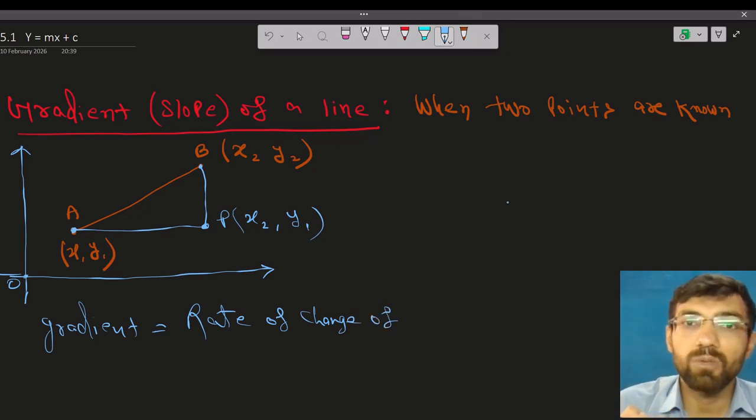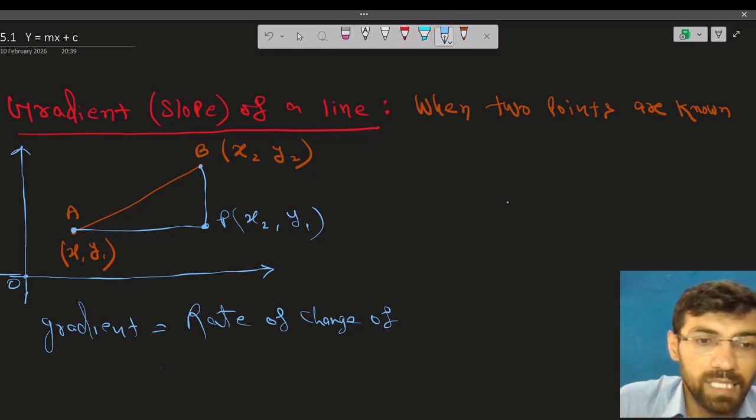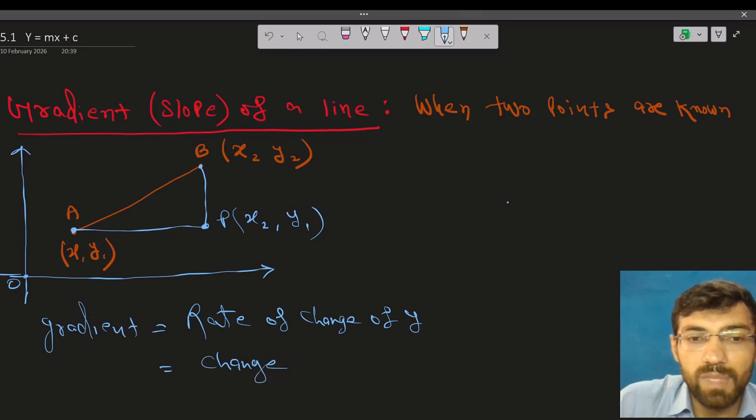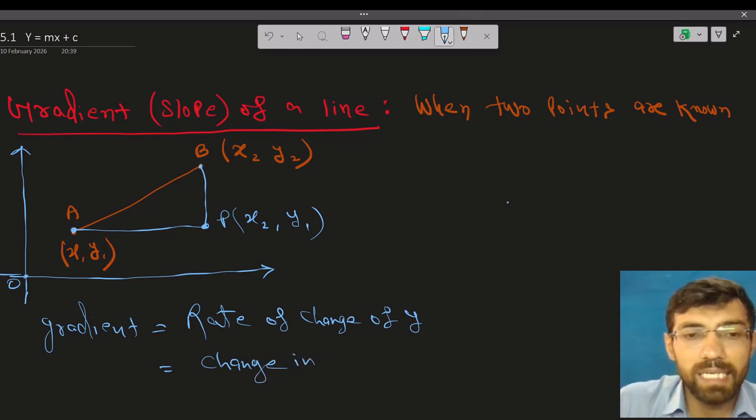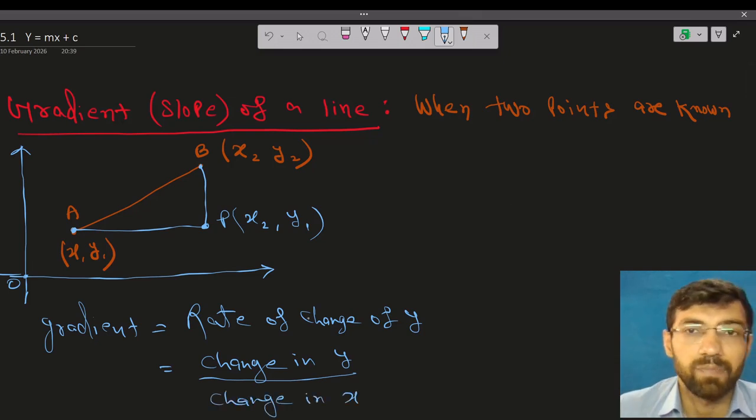At what rate is your y increasing if I increase my x? So this is change in y. You can calculate the rate as change in y upon change in x. We can calculate it like this.